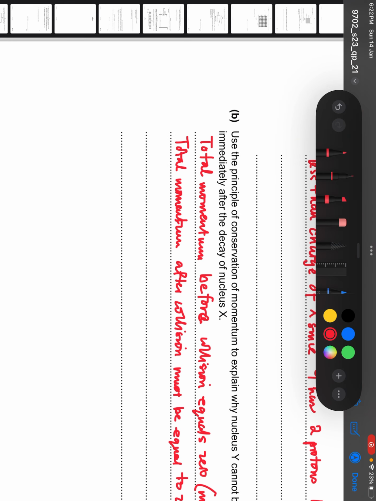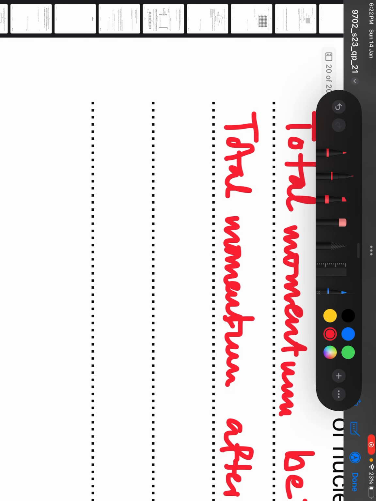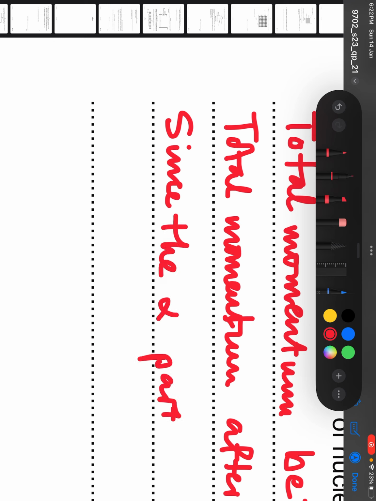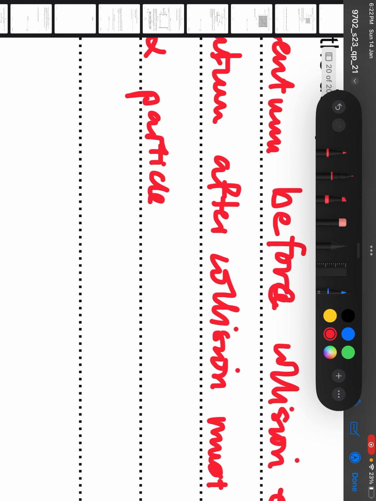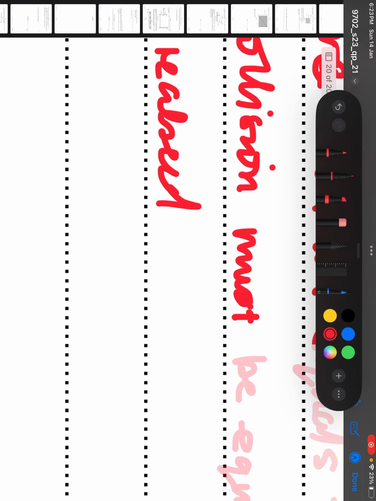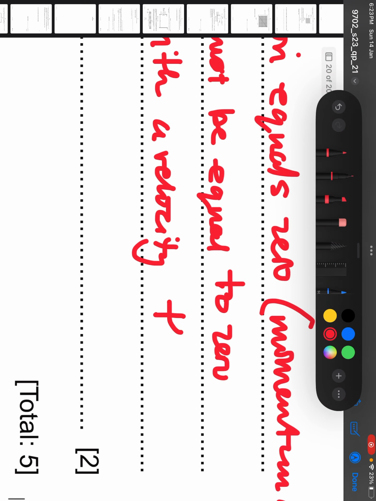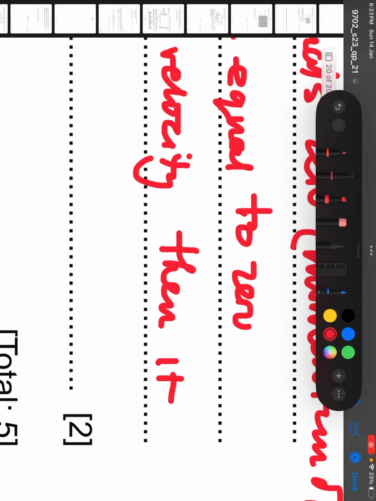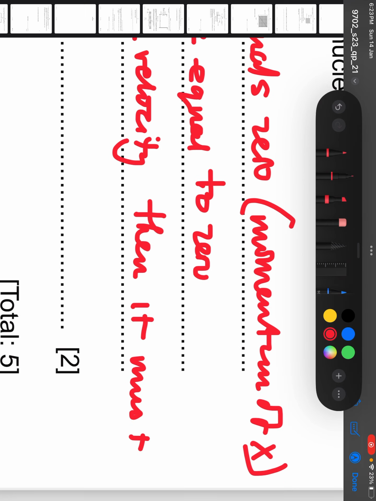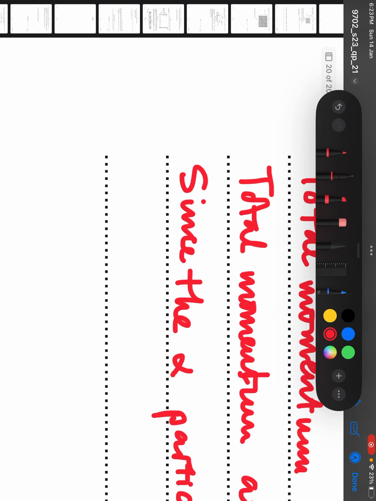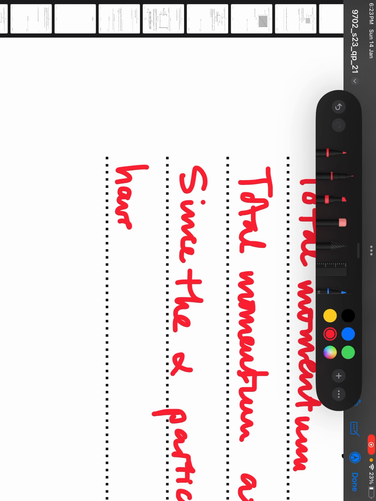Now we continue. Since the alpha particle is released with a velocity, then it must have a momentum.